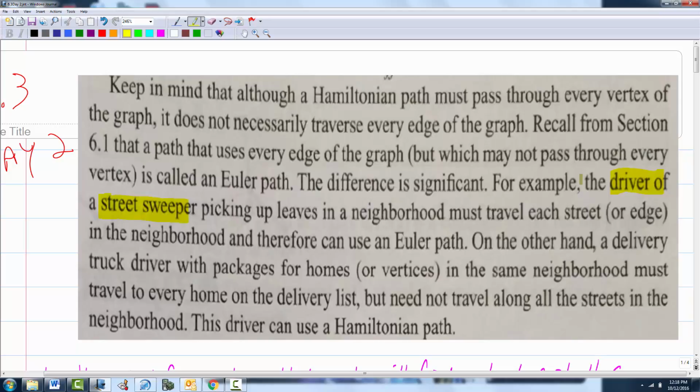Does the street sweeper want to sweep a road twice or just once? Just once. So he or she is interested in finding the best Euler path in order to make that happen.